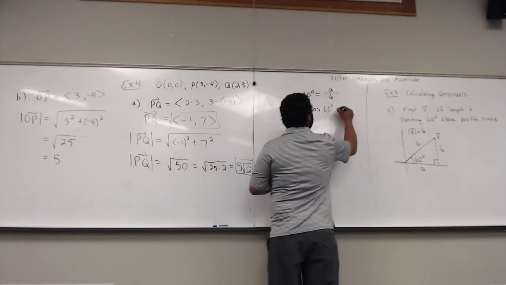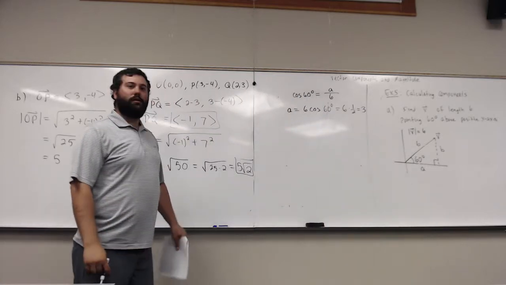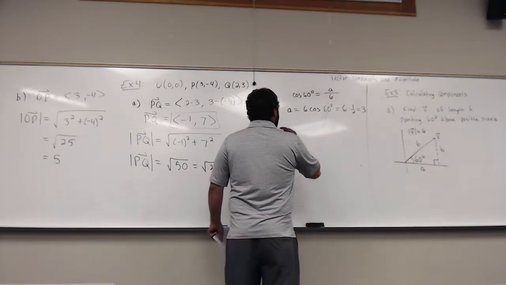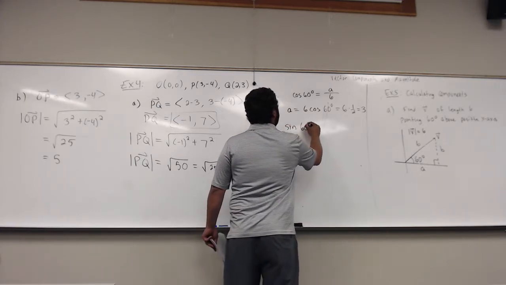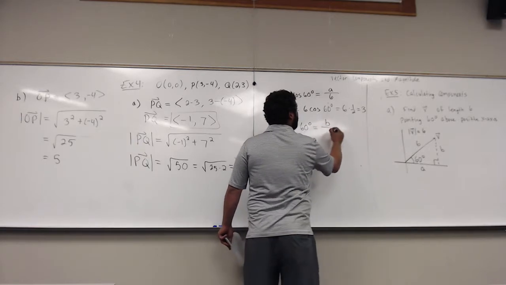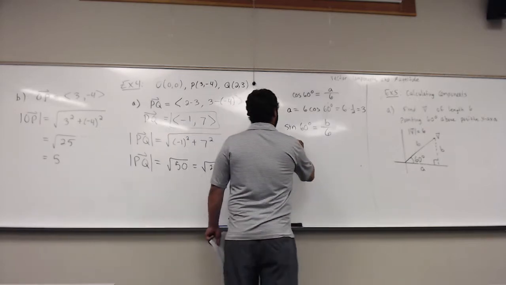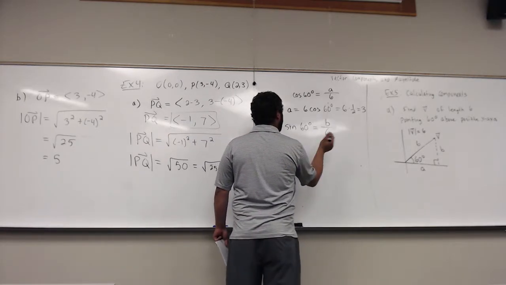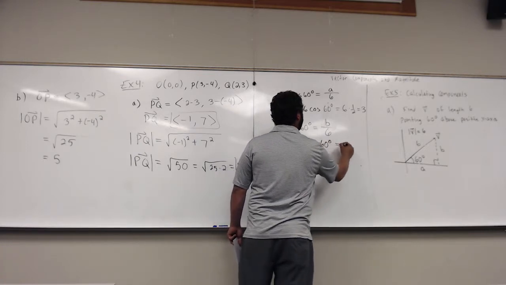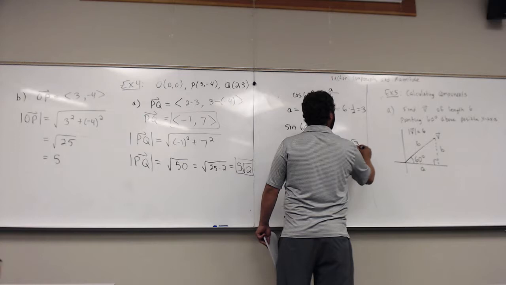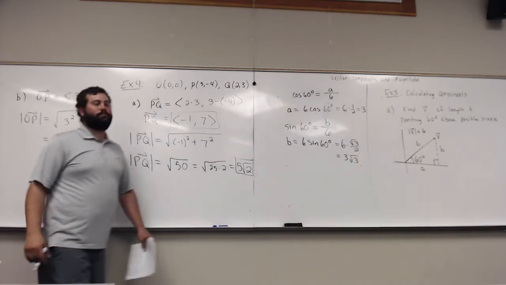This is the same as 6 times 1/2, which equals 3. So cosine 60 degrees is 1/2. If I want to solve for B, you can apply sine to the 60 degree angle, and you'll get opposite over hypotenuse, so B over 6. So the y component, or the y coordinate of the head of that vector, is going to be 6 sine of 60 degrees, which is 6 times root 3 over 2, which is 3 root 3.